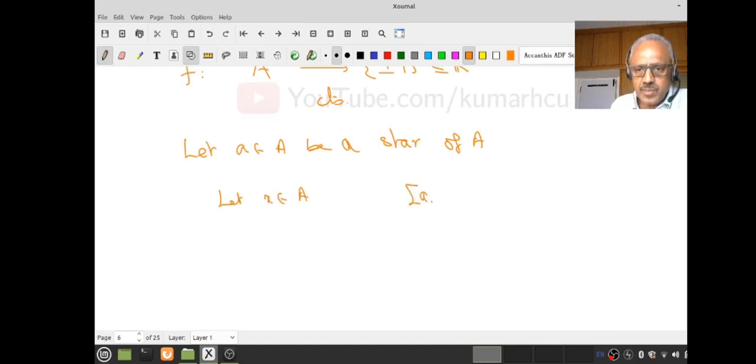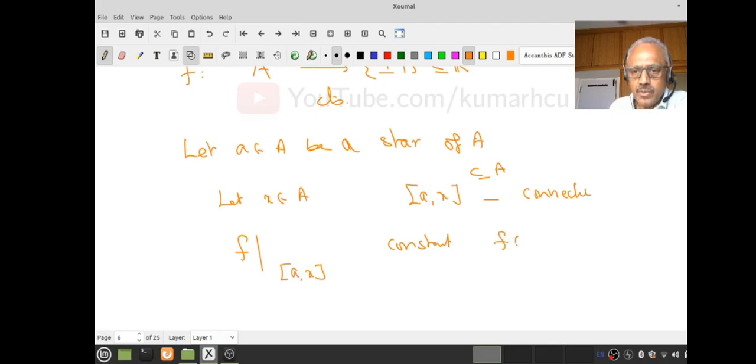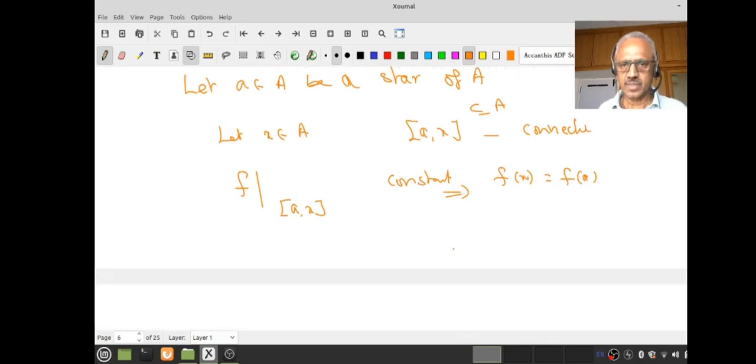Now let x belong to A. Let's look at the line segment ax. What do I know about this? This is connected, and this is also a subset of A. Do you remember that? Therefore, when I restrict f to this line segment, what do I know? This is a constant. Therefore, in particular, f(x) must be equal to f(a). Have you found out?